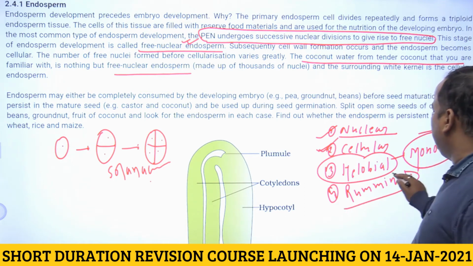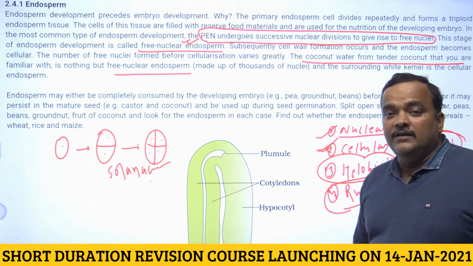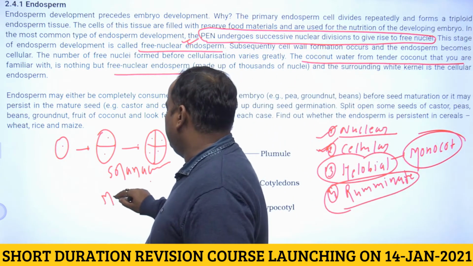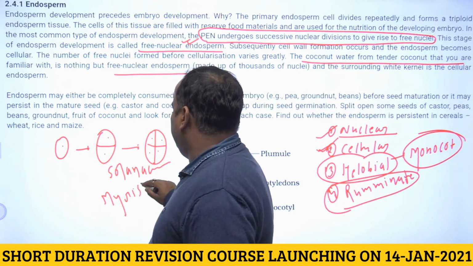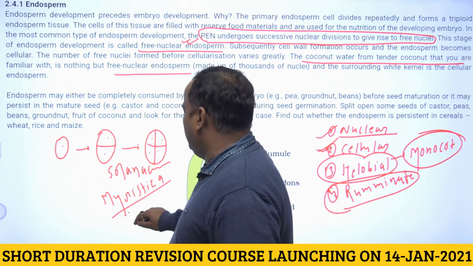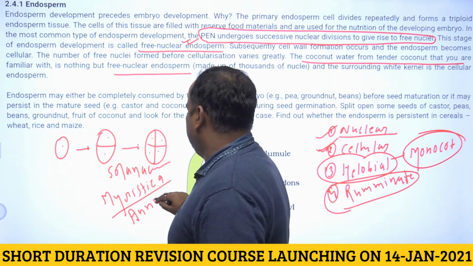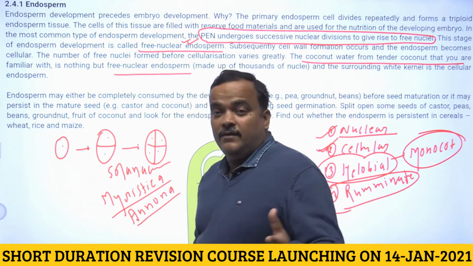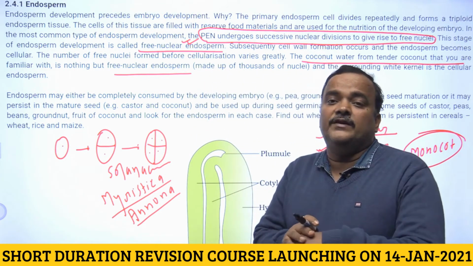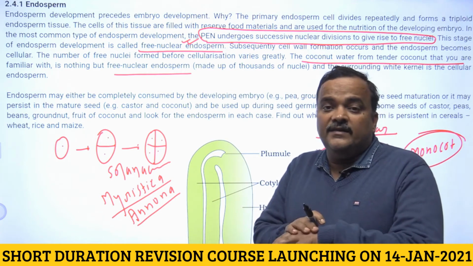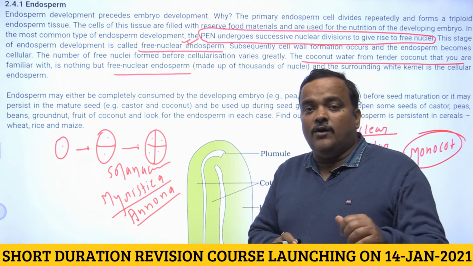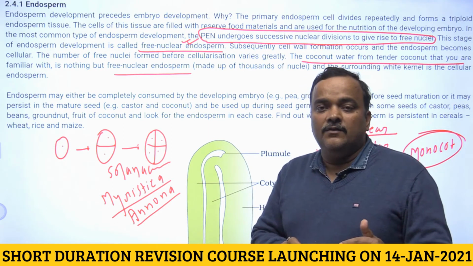Now, ruminate endosperm is observed in plants such as Myristica, commonly known as nutmeg, Annona, and Ceriops. Here, there is unevenness on the surface of the endosperm, and this unevenness is due to either the activity of the endosperm itself or the activity of the seed coat.